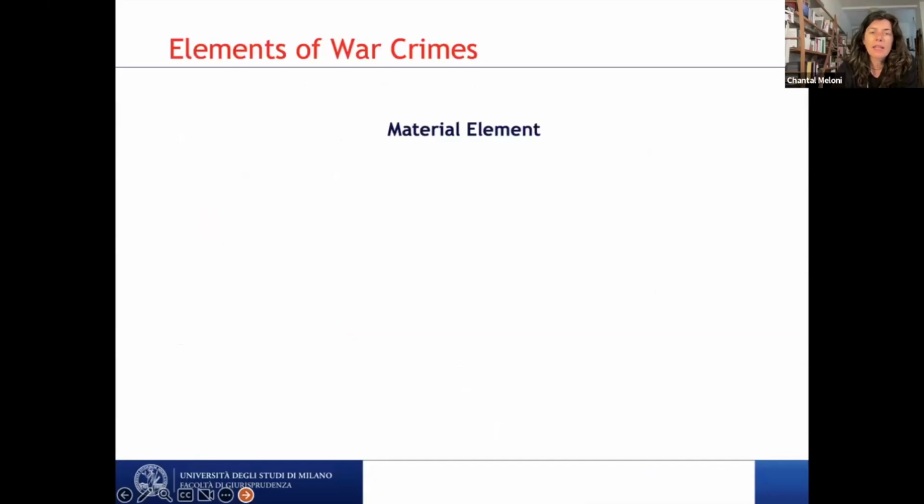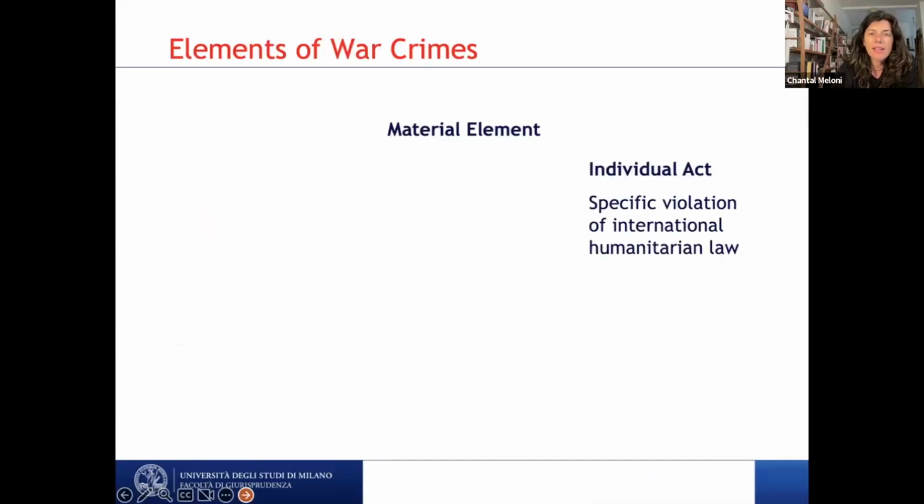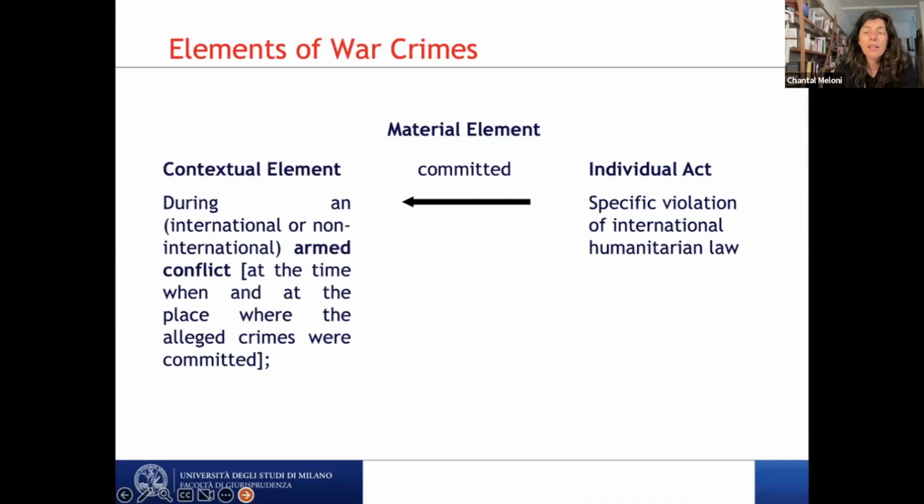And in this structure, we can identify the elements of what are the war crimes. I tried here in this slide to summarize the common elements of the war crimes. This is, in a way, an analysis that can apply to each and every war crime that we will quickly have a look at.